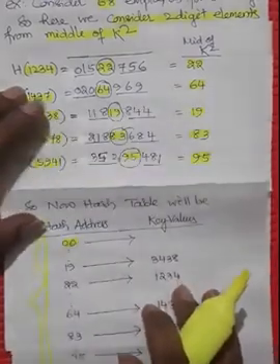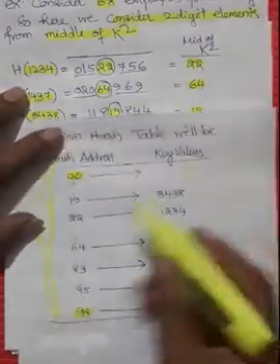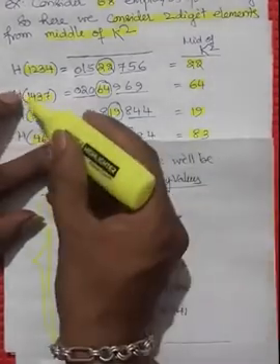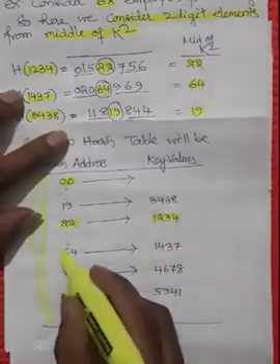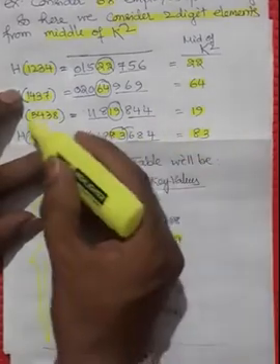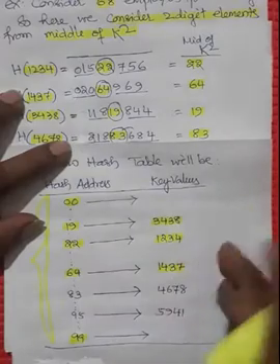Now you can observe that 1 2 3 4 generated 22, meaning in address 22, 1 2 3 4 is stored. Then 1 4 3 7 generated 64, meaning in address 64, 1 4 3 7 is stored. Similarly, 3 4 3 8 generated 19, so in the 19th address 3 4 3 8 is stored.